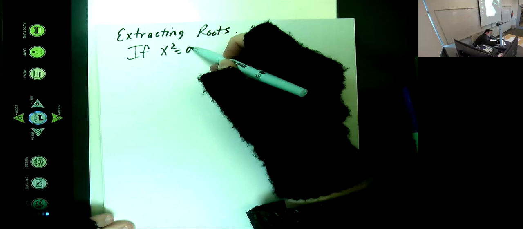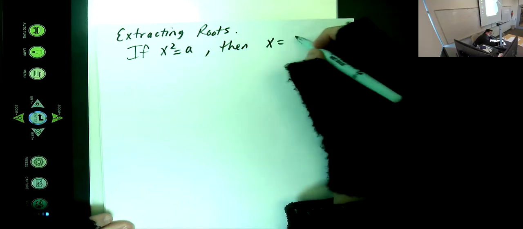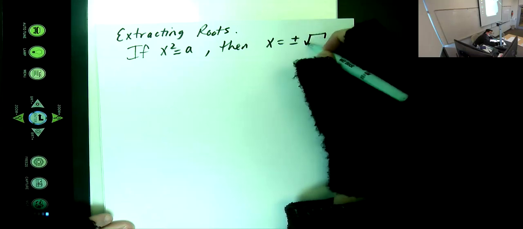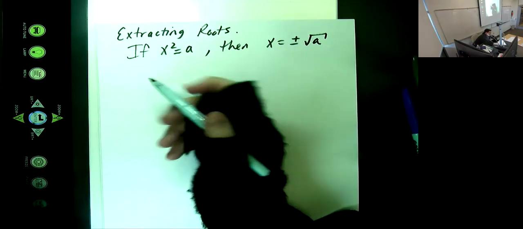If x squared equals a, then x equals plus or minus square root of a. That's just some rules we had.